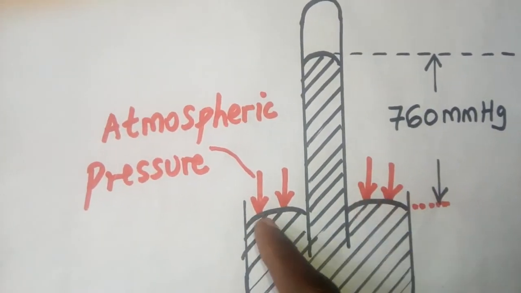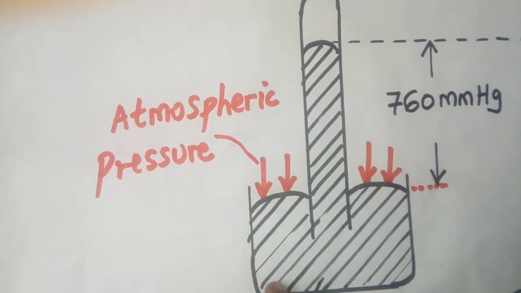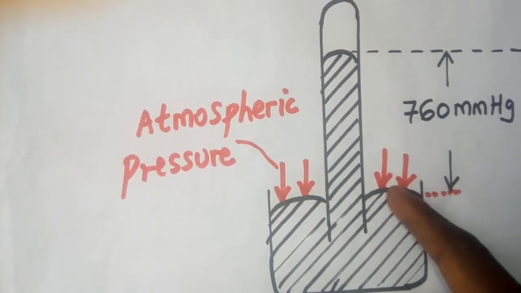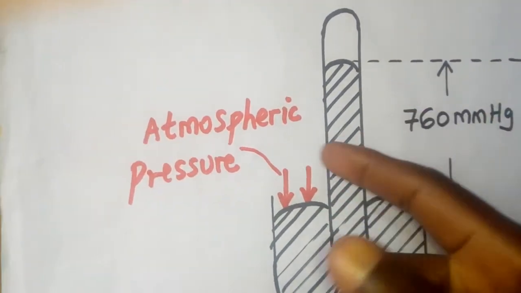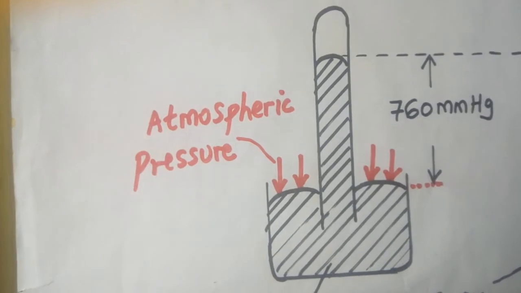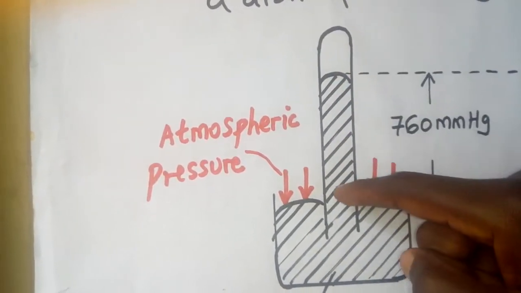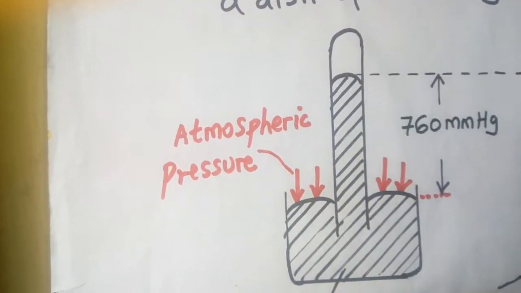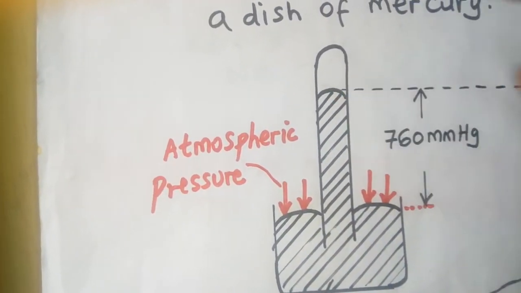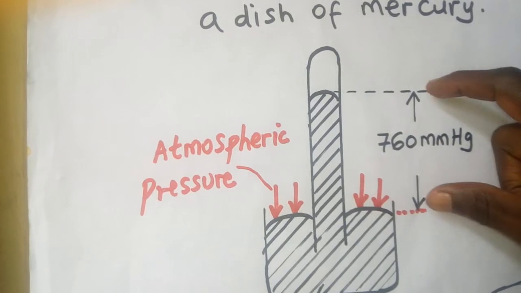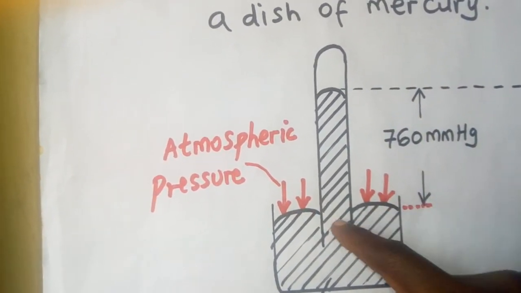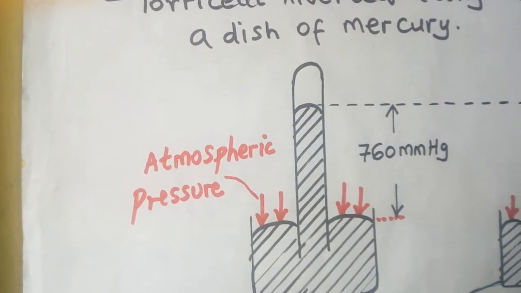Because this dish is open, the mercury in the dish is just open to atmospheric pressure, and atmospheric pressure is pressing the mercury down. So when you bring this tube, as atmospheric pressure presses the mercury, it will force the mercury to enter. So it is the atmospheric pressure which is supporting the column of mercury.